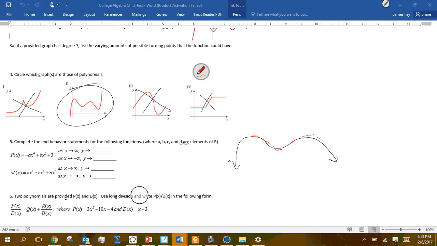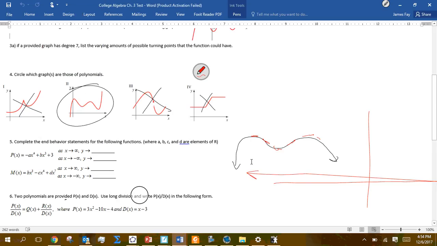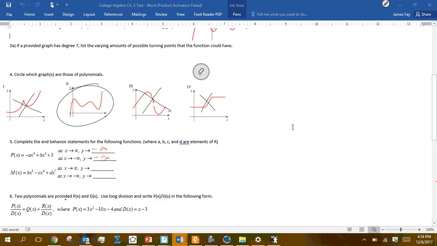But we do know that as x goes this way, to negative infinity, y is going to negative infinity. And as x goes that way, in the positive direction, then y is going to negative infinity as well. So these two both have to be negative infinity. Okay. And you can take any values of A, take any values of B that you want to.